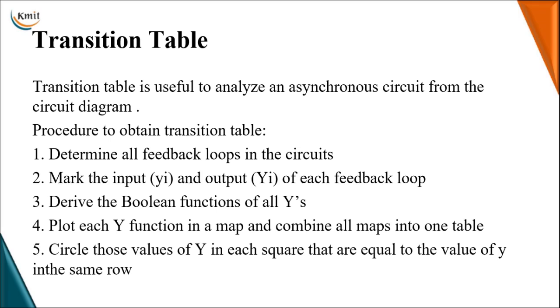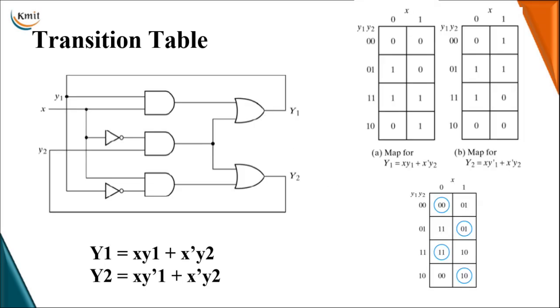The stable states are denoted like so: the initial state, if it is 0 0, and the next state, upon giving one input with x equal to 1, comes into the same state, then it is known as a stable state. So we have to circle those stable states in those rows of your transition table. So this is the method.